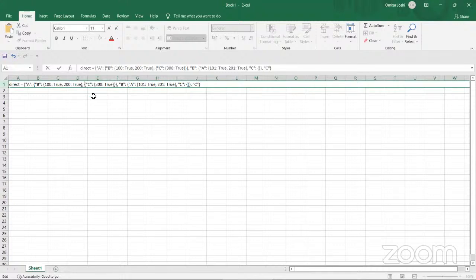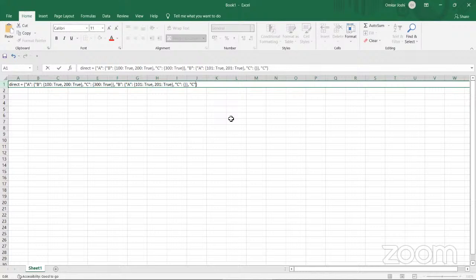That's why I got confused. For B, for A, this is one key and this is the second key. No, it's correct. Okay. For C also, earlier the A to C path was there with 300. So now we are doing B to C. Let's say B to C doesn't exist. So it's just empty. There is no way to go from B to C using a direct train.